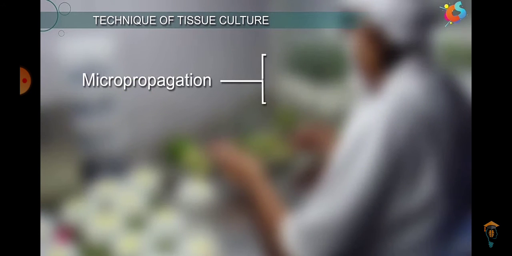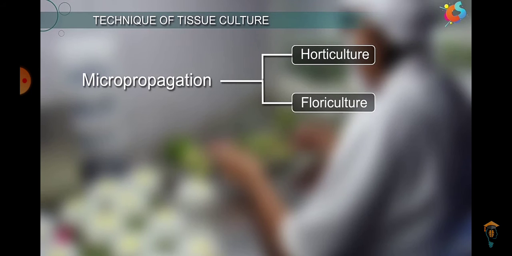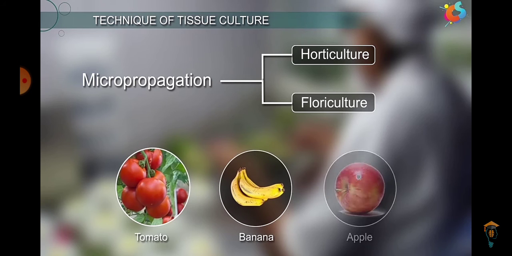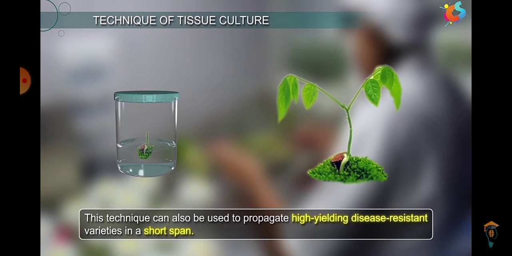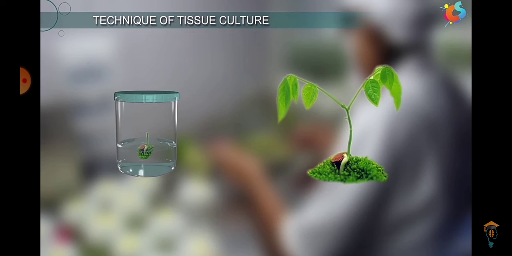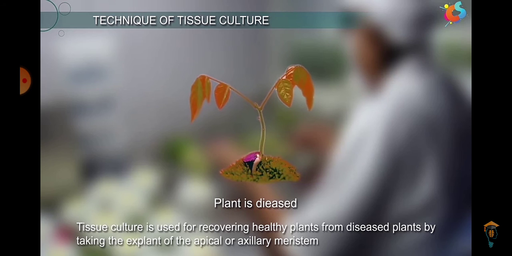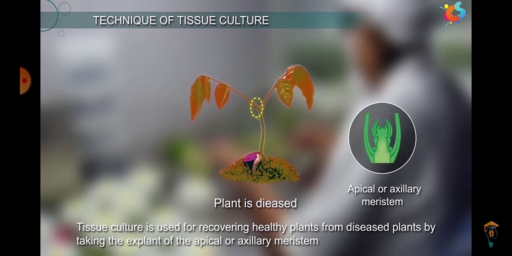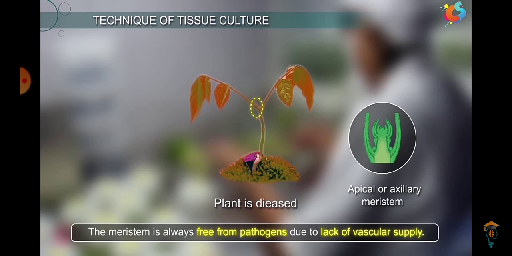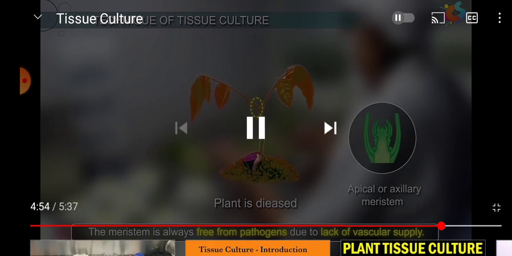Micropropagation is extensively used in horticulture and floriculture and is employed in the large-scale production of tomato, banana, apple, etc. This technique can also be used to propagate high-yielding disease-resistant varieties in a short span. Even in conditions when a plant is diseased, tissue culture is used for recovering healthy plants from diseased plants by taking the explant of the apical or axillary meristem. This is done because the meristem is always free from pathogens due to lack of vascular supply.